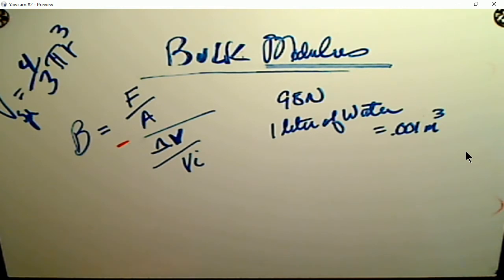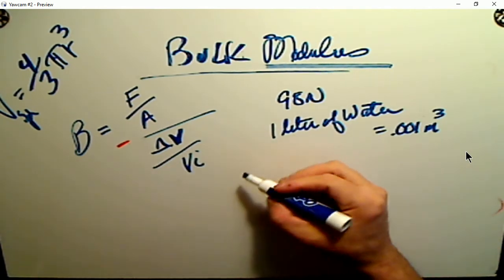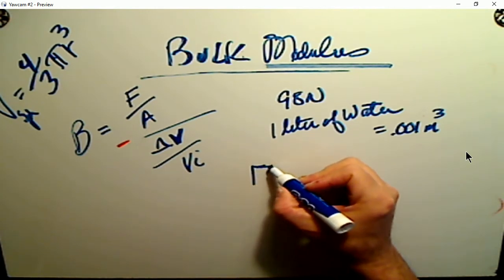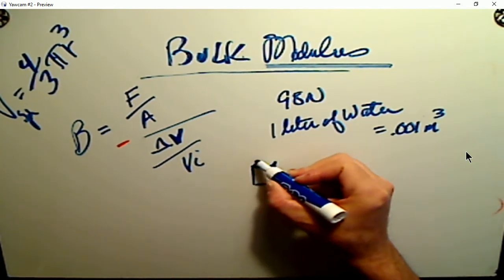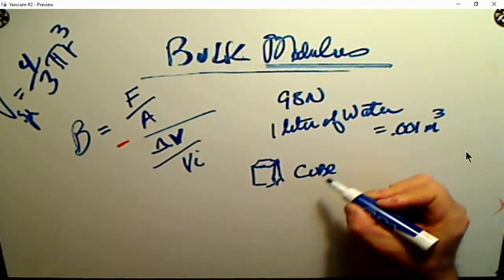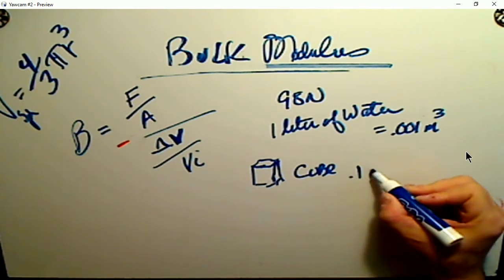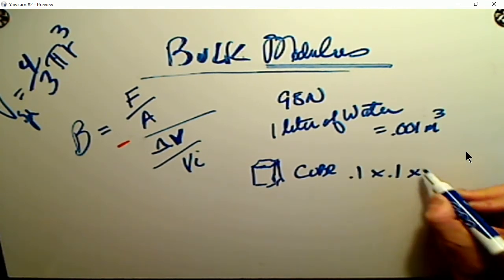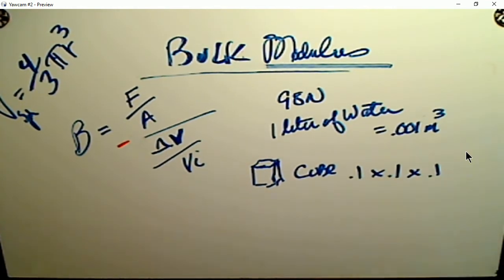You have a sphere submerged, for instance. But for this case, we have 1 liter of water under this much compression, pushing it down, and it's a cube. And this cube is 0.1 by 0.1 by 0.1 of water. 10 centimeters cubed.